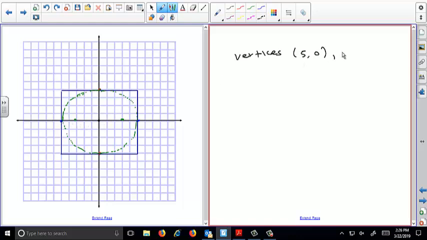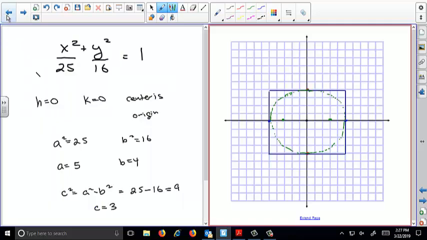So that's -5, comma 0. The foci are 1, 2, 3, so 3, comma 0, and -3, comma 0. And the center is 0, comma 0. That was from the H and K.